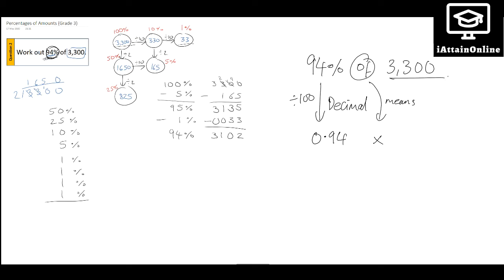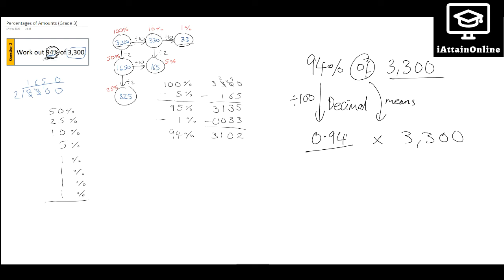That gives me 0.94. In maths, of means times. And then we have this 3,300. So when you come to doing these questions with a calculator, we call this bit the multiplier. It's just the decimal version of percentage, as long as you then remember that of in maths means times.